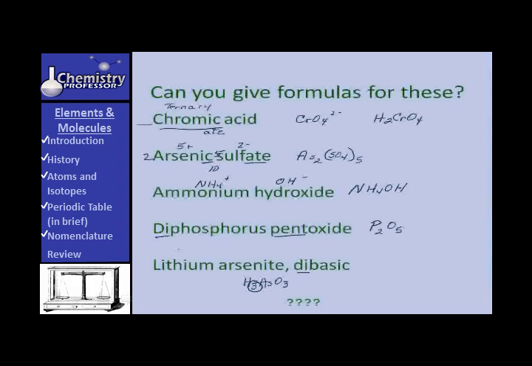Well, lithium is a 1+. It's replacing 2 hydrogens, so the formula is Li2HAsO3. Lithium arsenite dibasic.